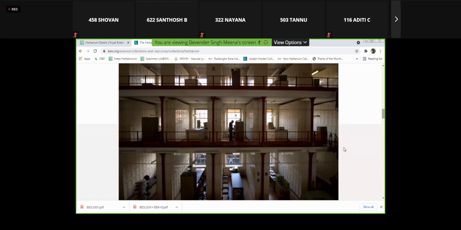So they have preserved a lot of specimens, and this central area is basically used to study those specimens, right? You can take out the sample from these drawers or pigeonholes, and you can put them here on these tables and study them, right? So these are the platforms to study the specimens.